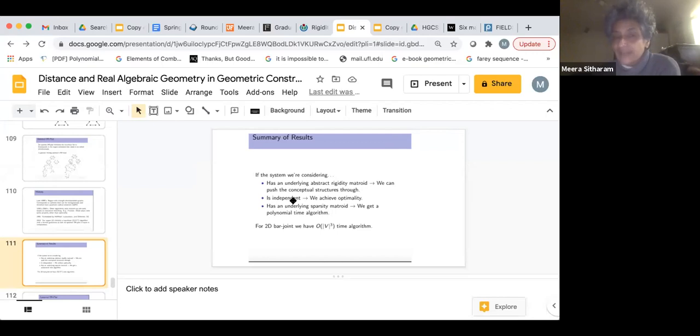And if we have an underlying sparsity matroid, which we have in 2 dimensions, but we have no idea what it is in higher dimensions, then we actually get a polynomial time algorithm.